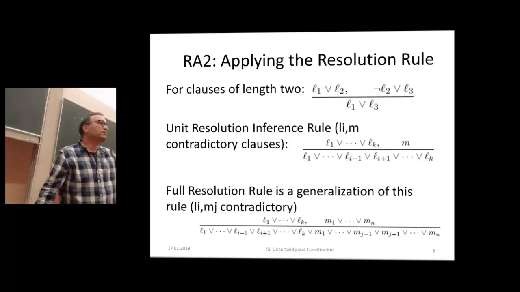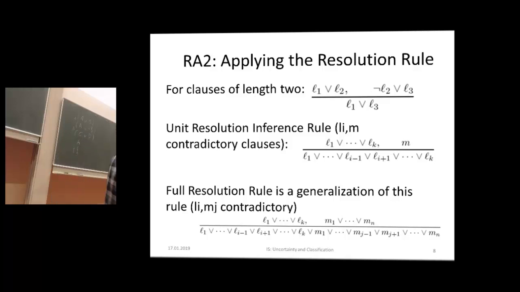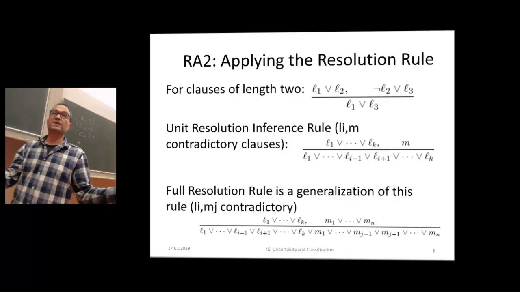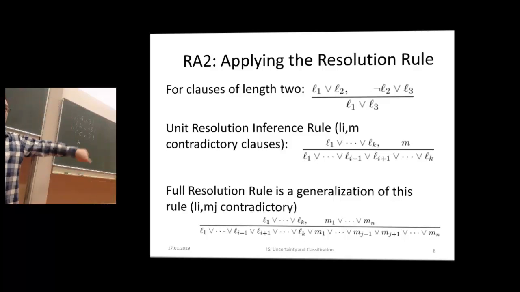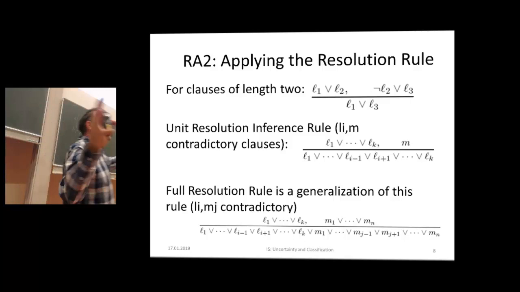So you pick one propositional variable that occurs positively and negatively in two different clauses. You delete it and you add the remaining disjuncts together.